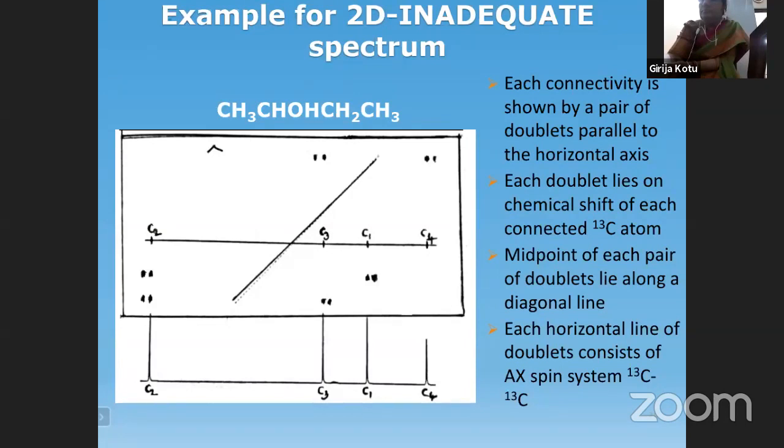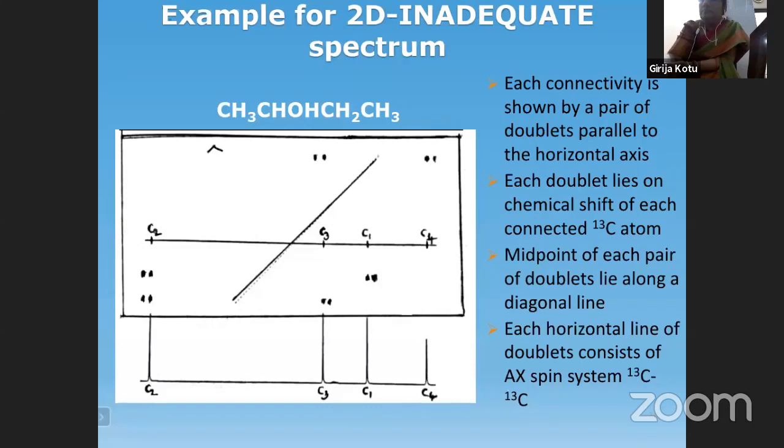The information is given on the right side. Each connectivity is shown by a pair of doublets parallel to the horizontal axis, lying on either side of the diagonal line. And each doublet lies on the chemical shift of each connected carbon-13 atom.